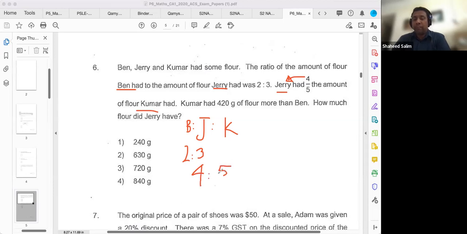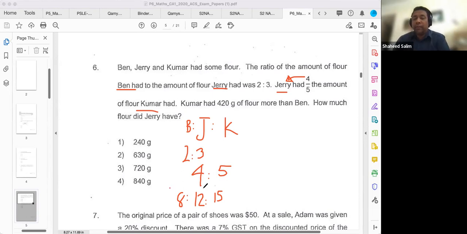You must do it as a separate line. Can you see? So now make it the same number, so that we can have all the units to compare. You can take 3 times 4, you get 12 here. So how do you get 12 from 4? 4 times 3. So 5 times 3 get 15. How do you get 12 from 3? 3 times 4. 2 must times 4 also, get 8. This part, are you okay?